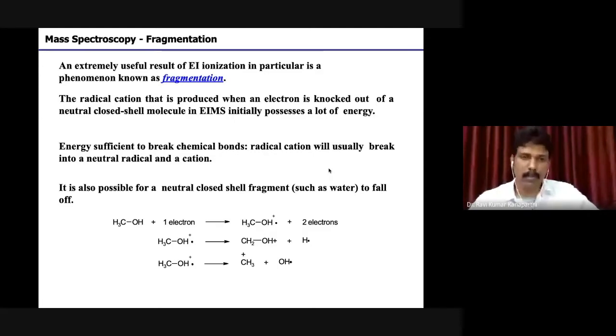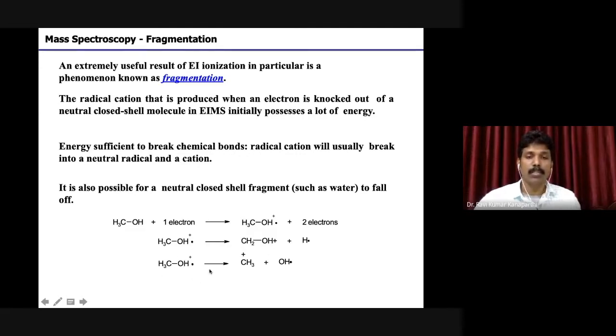Just to show how fragmentation takes place, I have taken methanol as an example. You can see the methanol losing one electron and forming the molecular ion. This molecular ion loses one hydrogen radical and forms CH2OH+, which has a mass of 31.